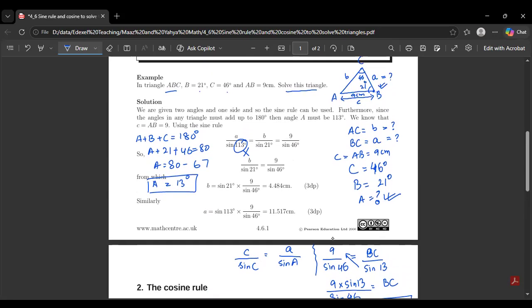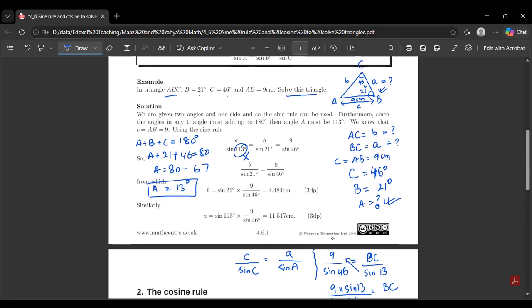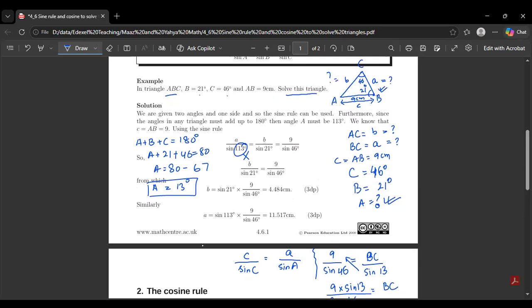And we have worked for BC, we have been given AB. Now we are going to work for b, that is AC, the value of AC we have to work for.